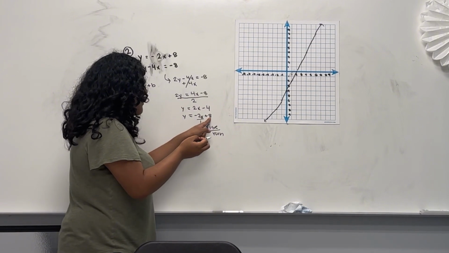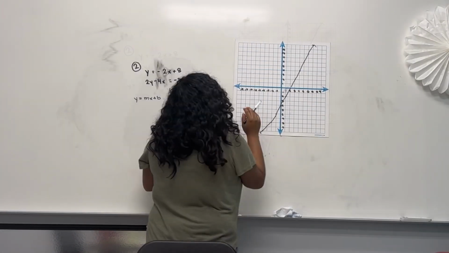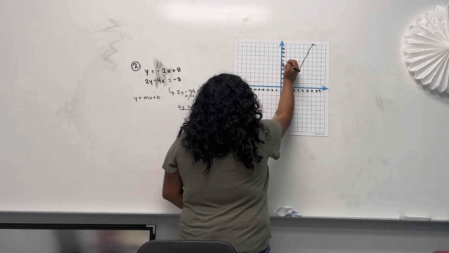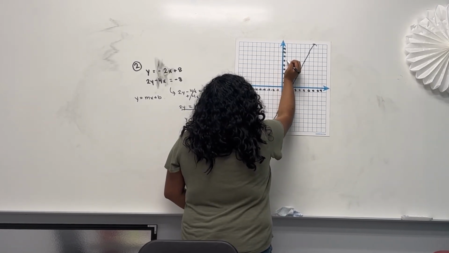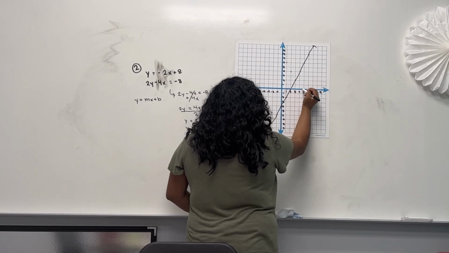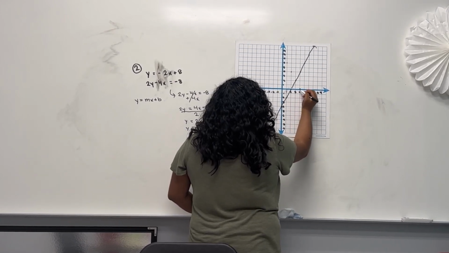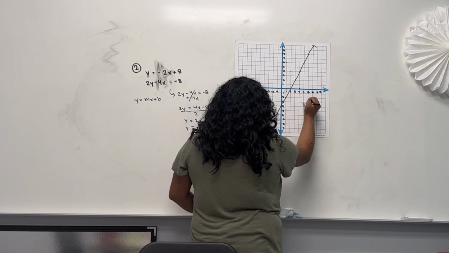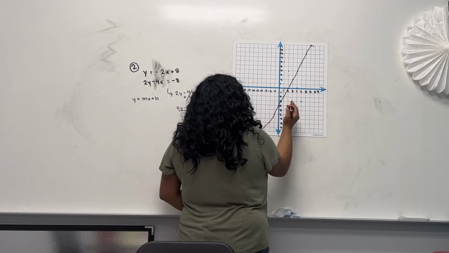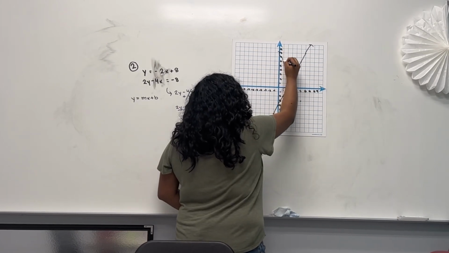Now our y-intercept is positive 8. So from 8 we're gonna go down. So go down to 6, then to the right, down 6. And then so then continue. And then you see that. So we're gonna draw this line.